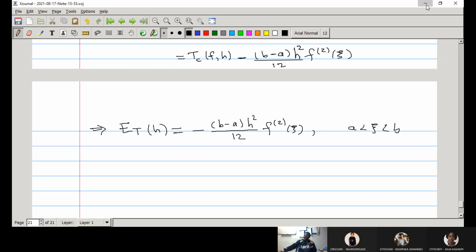It's exactly this guy. That's not witchcraft. You can see that is our error term. You can see it's exactly the same. Minus b minus a, the factor that is negative, multiplied by the factor of b minus a, the second derivative and h squared. So you can take that h squared and put that, it's the same thing, so it doesn't matter. So it's exactly that. And you can see that our psi is in the interval AB. Right. So we have exactly the same result.